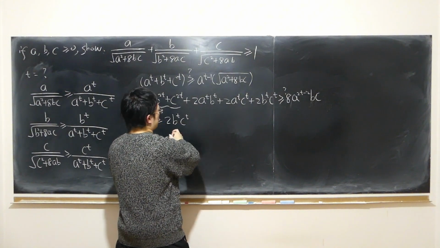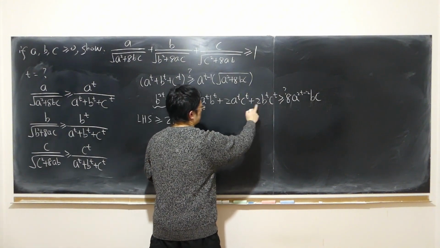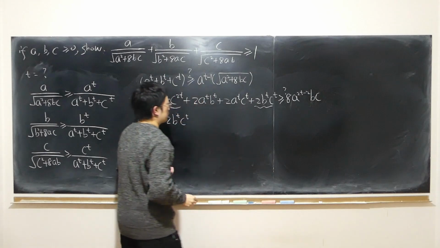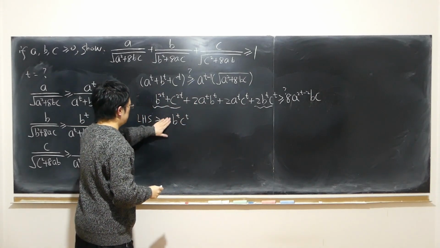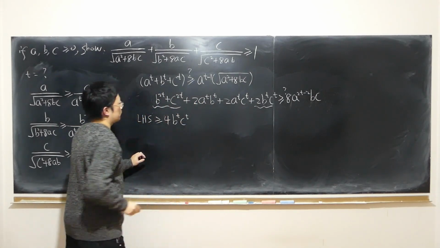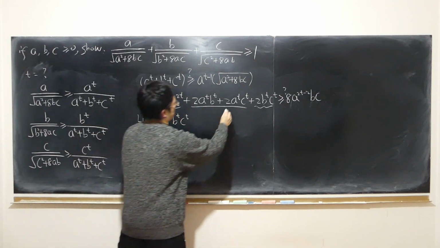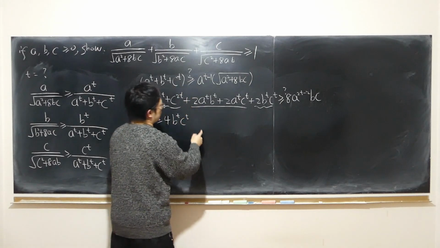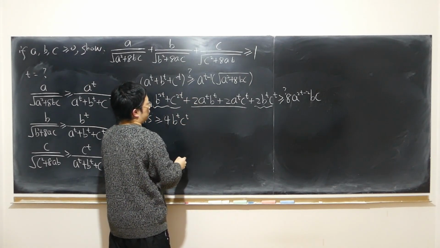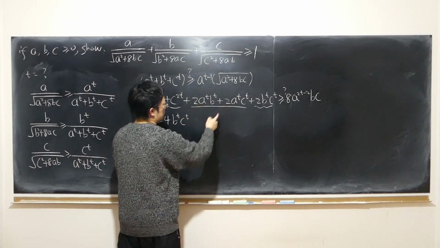And then when you have a look at this b to the t, c to the t term, just combine them 4 times. And when you look at those two terms, first of all, you have a common factor, 2a to the power of t, and then you have b to the t plus c to the t.